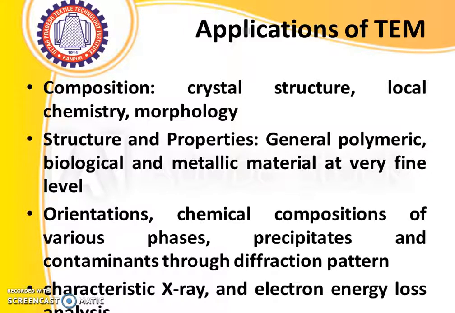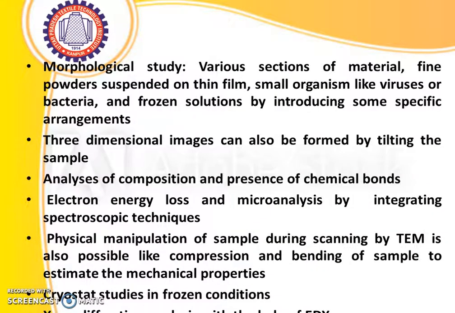They are used at a very fine level to find orientation and chemical composition of various phases, precipitates and contaminants through diffraction patterns. Characteristic X-ray and electron energy analysis are also possible by TEM. Morphological study is possible for various sections of material, fine powder suspended on thin film, small organisms like viruses and bacteria, and frozen solutions.